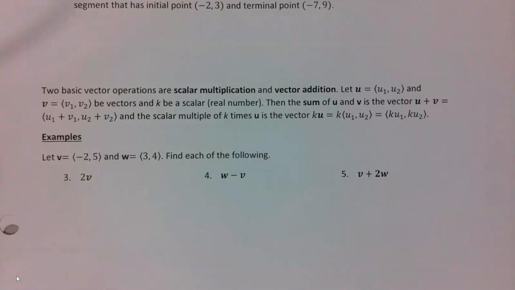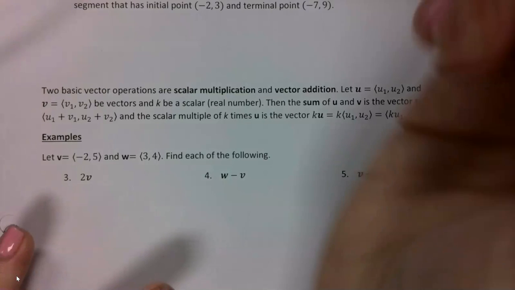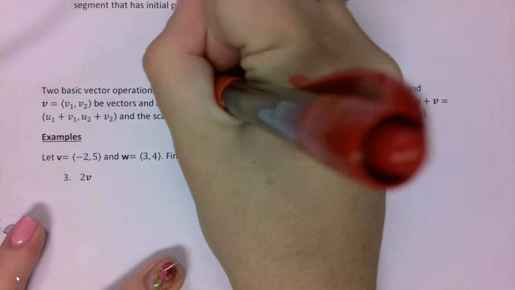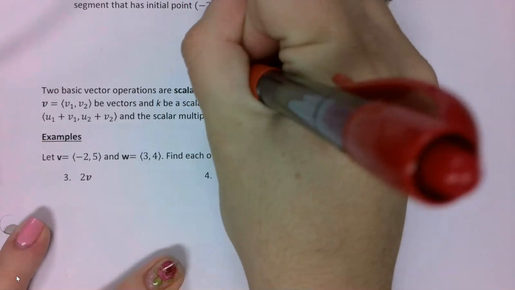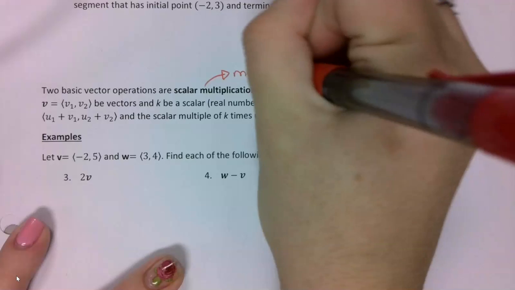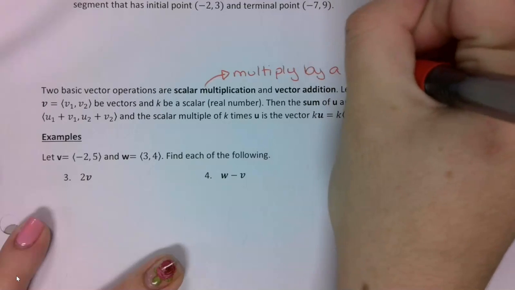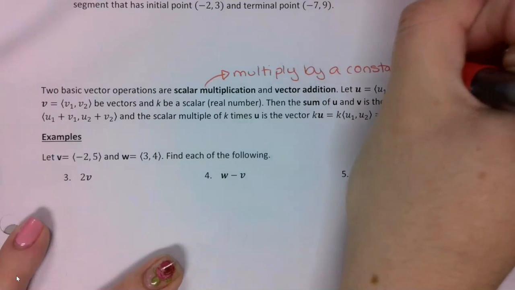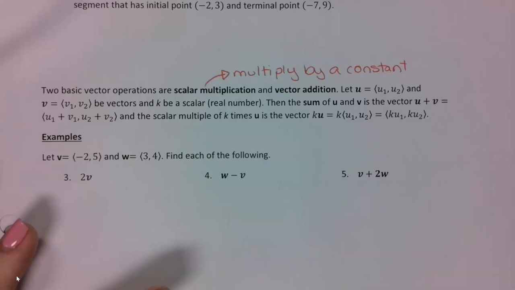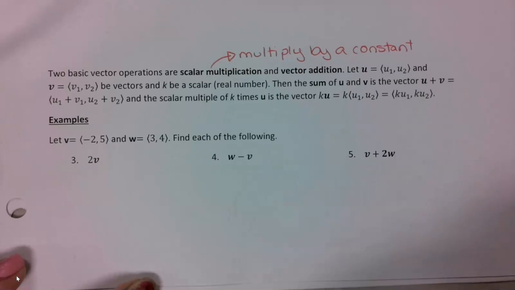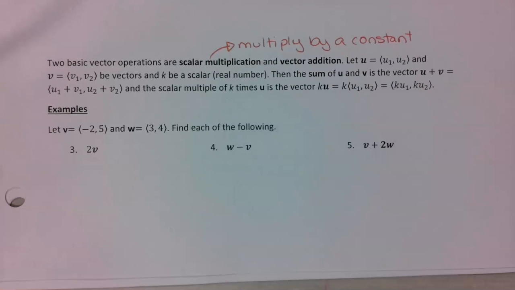So two things we can do with vectors are scalar multiplication and vector addition. Scalar multiplication is multiplying by a number. And then vector addition can include subtraction as well. Okay, so number 3 wants me to find 2v.